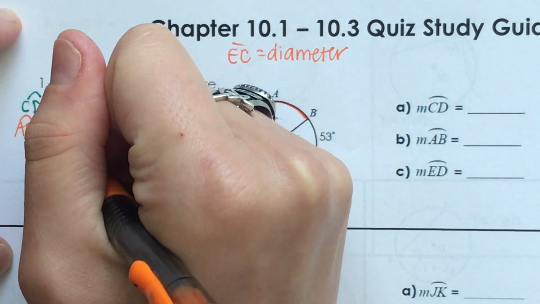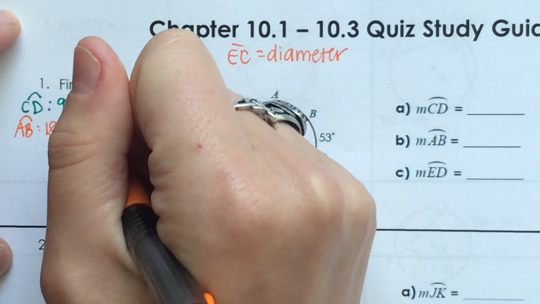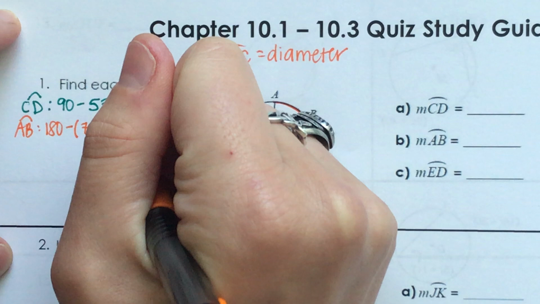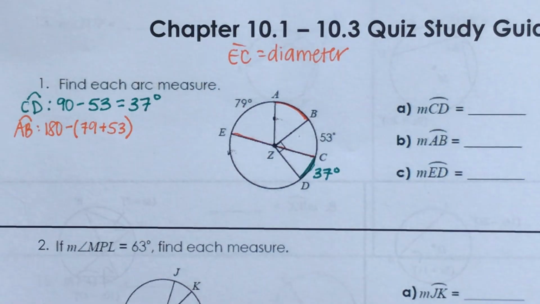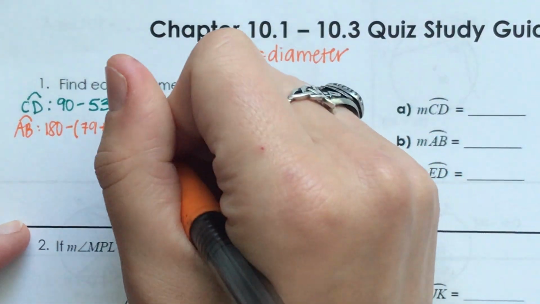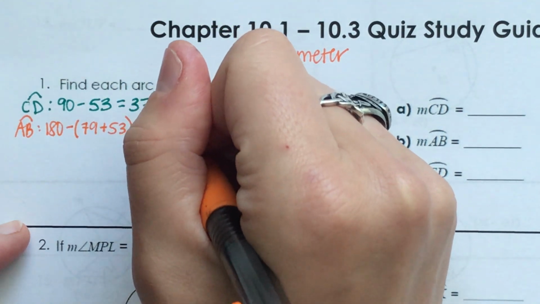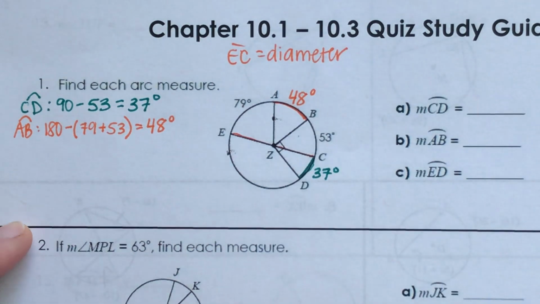So I'm going to do 180 minus 79 and 53. I'm going to add those two together, and then subtract them from 180. So if I add together 79 and 53, I get 132. And if I subtract that from 180, I get 48 degrees. So I already know that this arc right here is 48 degrees.